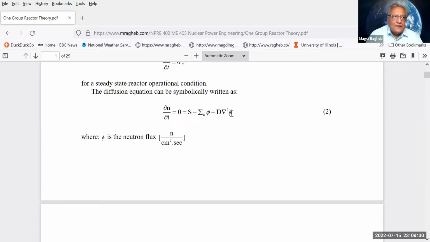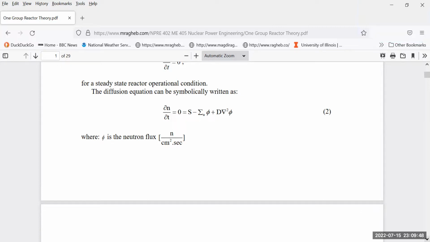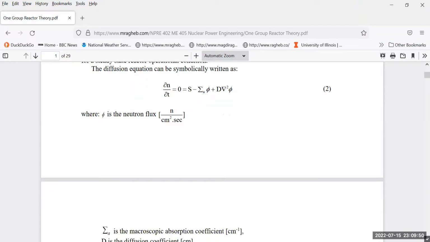When you take the derivative of the voltage, a scalar quantity, you get the electric field. So let's keep in mind that there is an analogy between our solution for the neutron flux, how neutrons interact with matter, and other fields of engineering and science.